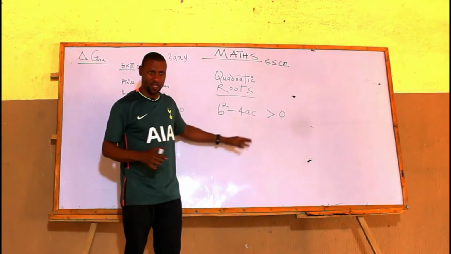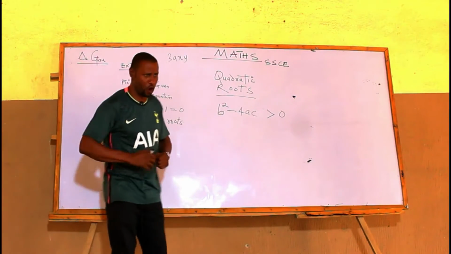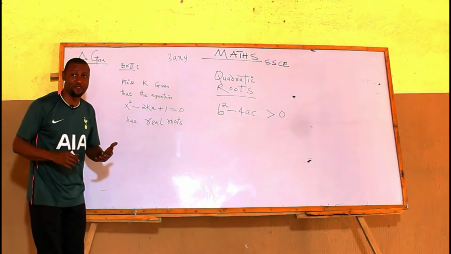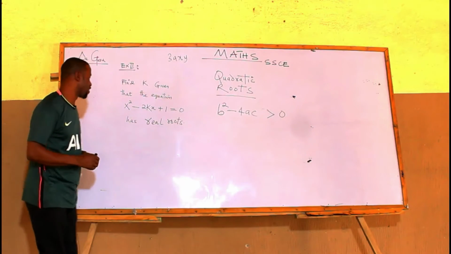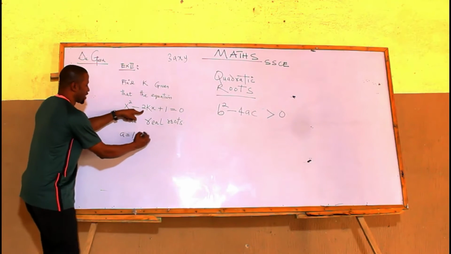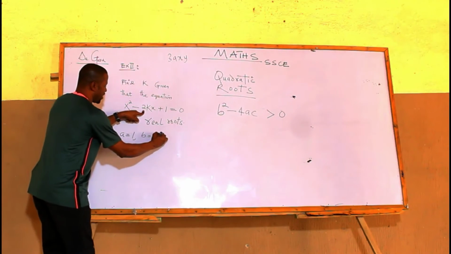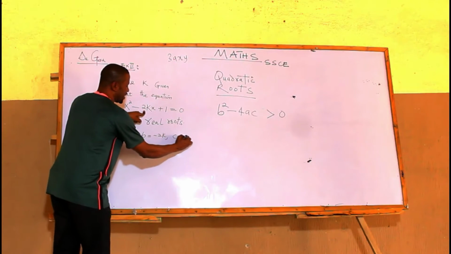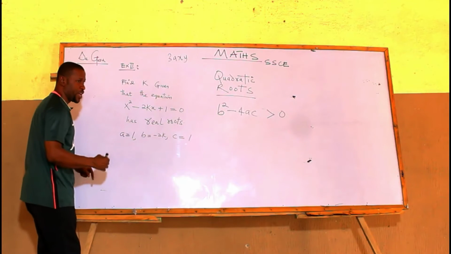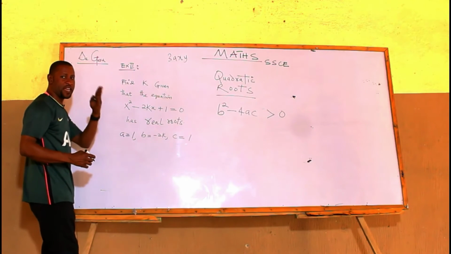Is that okay? So we're going to do the same thing we did before. Go to the quadratic equation and bring out the values of a, b, c. Class, what is our a? Again, 1. What's our b? Minus 2k. And our c is 1. We go to the condition, b squared minus 4ac.